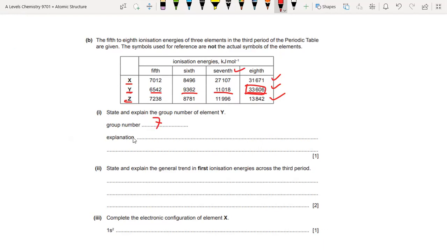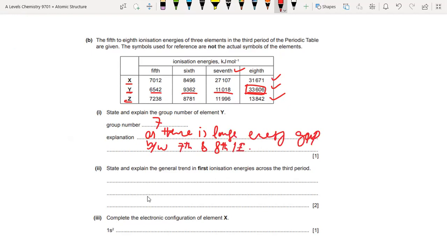Explanation. What would be the explanation? As there is a large energy gap between seventh and eighth ionization energy.